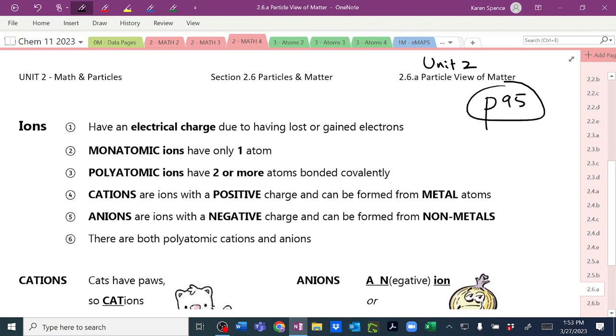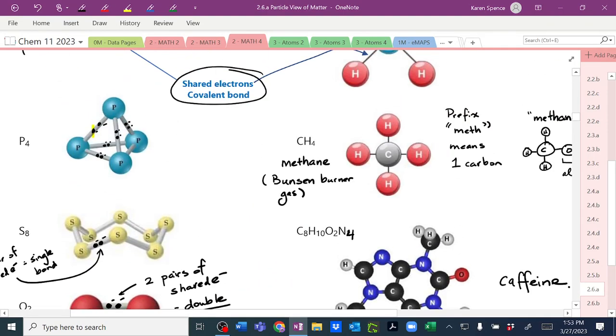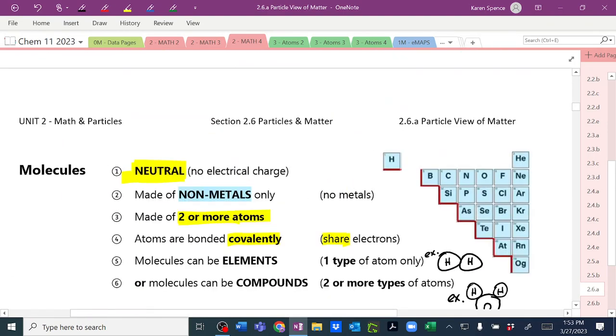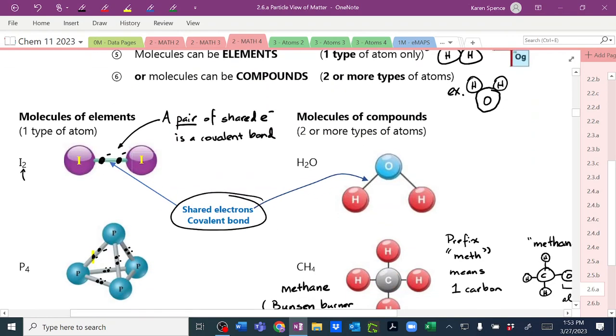Cool. So last couple days we looked at molecules, and they looked kind of like these little guys here.